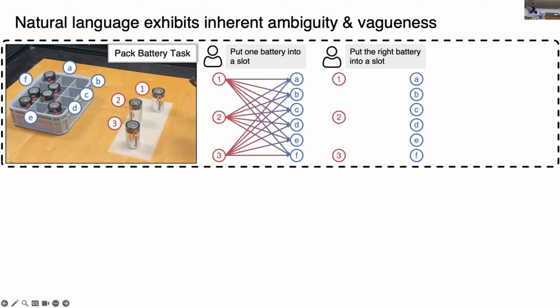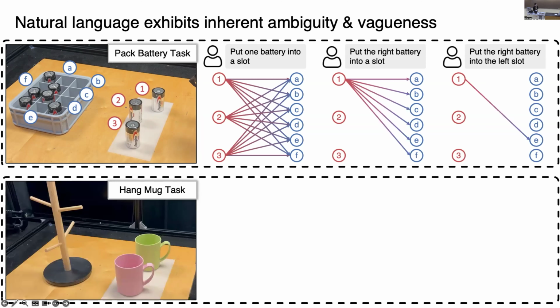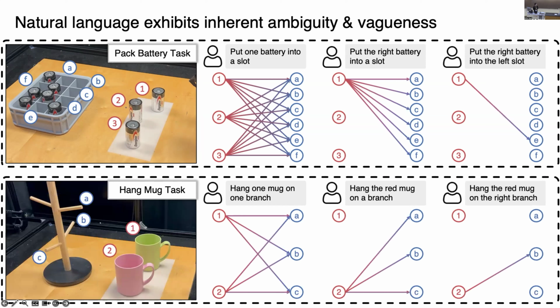And if you are a little bit more restrictive, put the right battery into a slot, then it will narrow the choices to 6. And if you want to be more specific, there's only 1 correct execution. And obviously, for many other examples, this kind of multimodality always exists for this type of task.